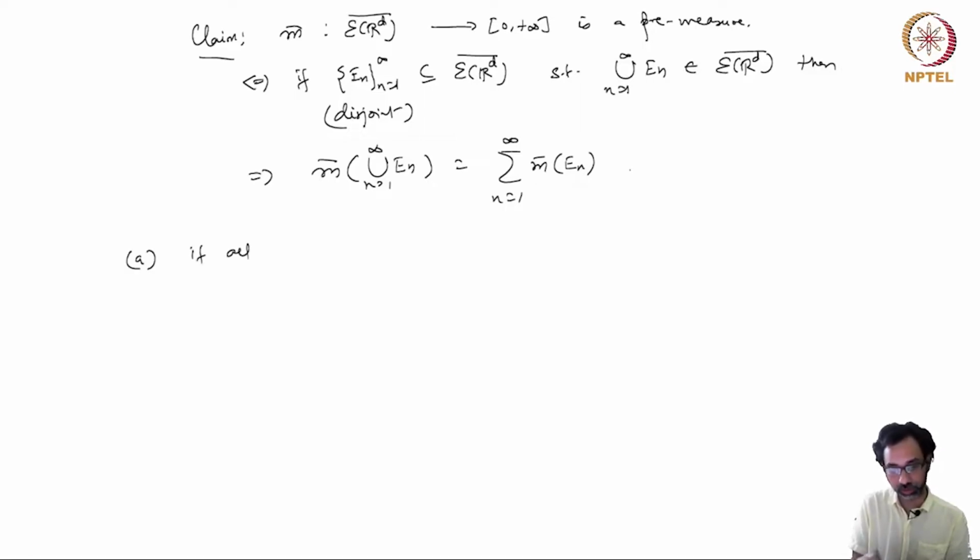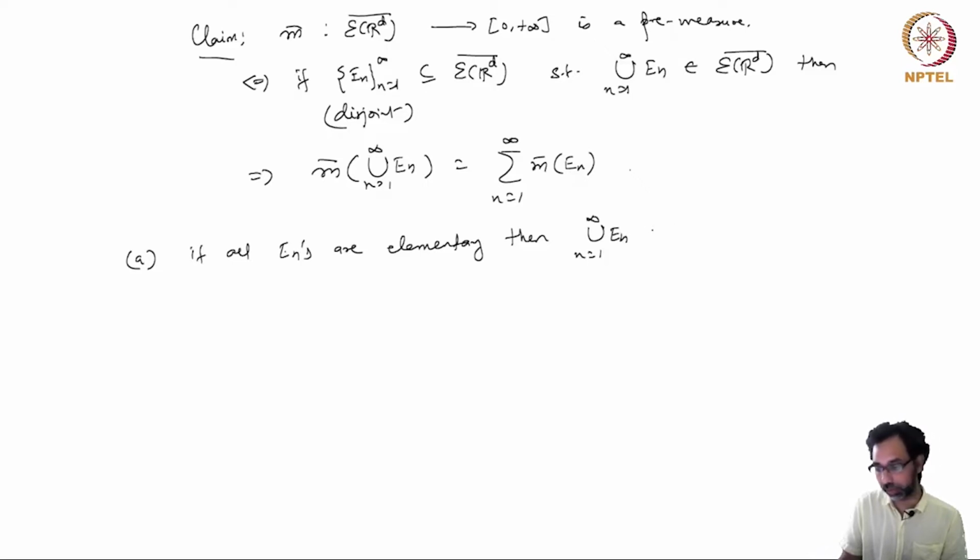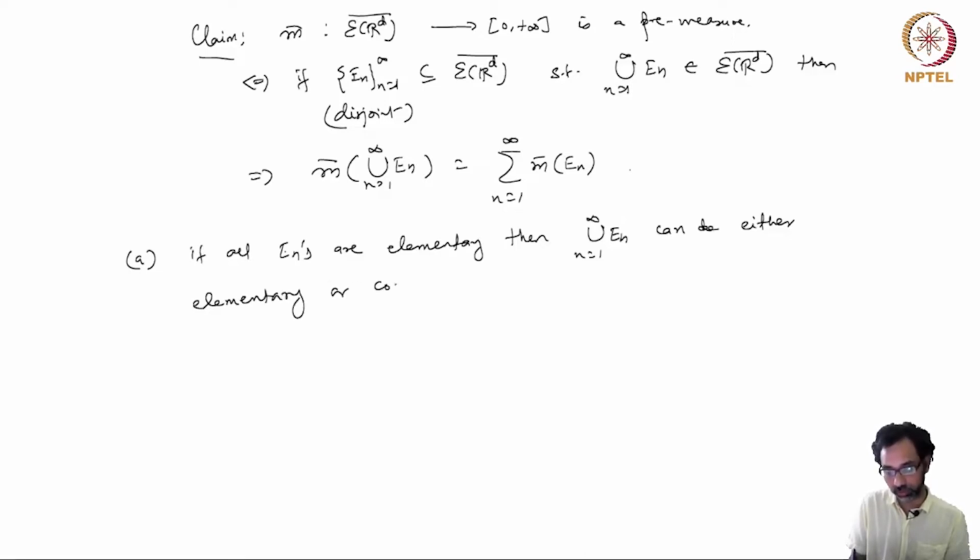If all E_n are elementary, then the union for n equal to 1 to infinity can be either elementary or co-elementary. How can we show this? We are just going to give examples.